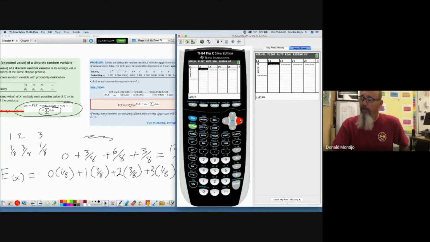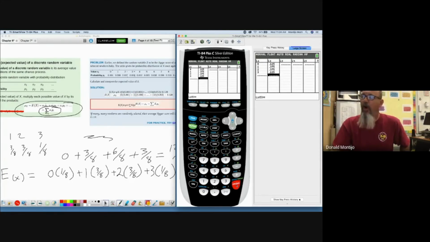So I can put in 0.125, or I could also put it in as a fraction, 1 divided by 8, and it will churn into a decimal form. And the probability of having 1 girl was 0.375. The probability of having 2 girls was also 0.375. And the probability of having 3 girls was 0.125.